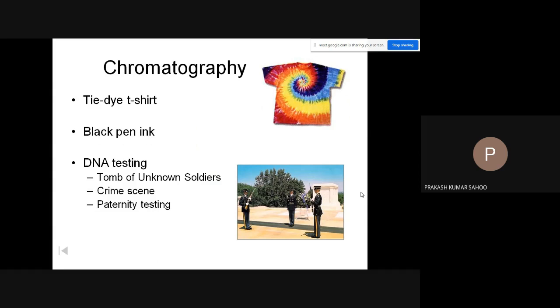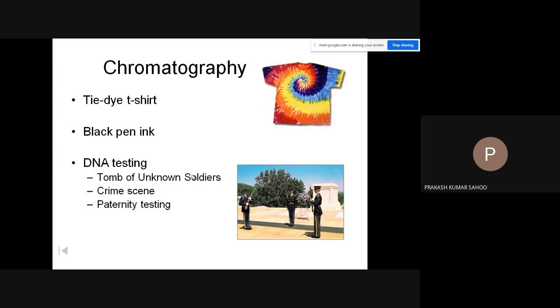Then we have chromatography, very interesting, and also this is a separate unit in your MCH-002 paper. In chromatography we use two phases, the mobile phase and the static phase. In gas liquid chromatography, gas is the mobile phase and liquid is the static phase.